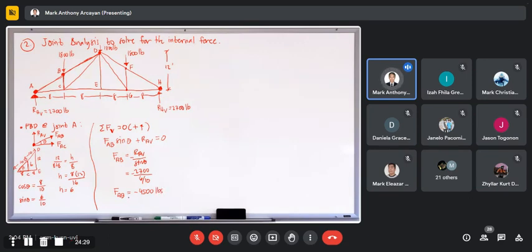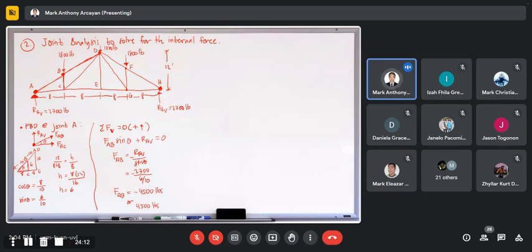What is the meaning of the negative? The actual value is 4,500 pounds. So instead of compression, it is tension in the member.